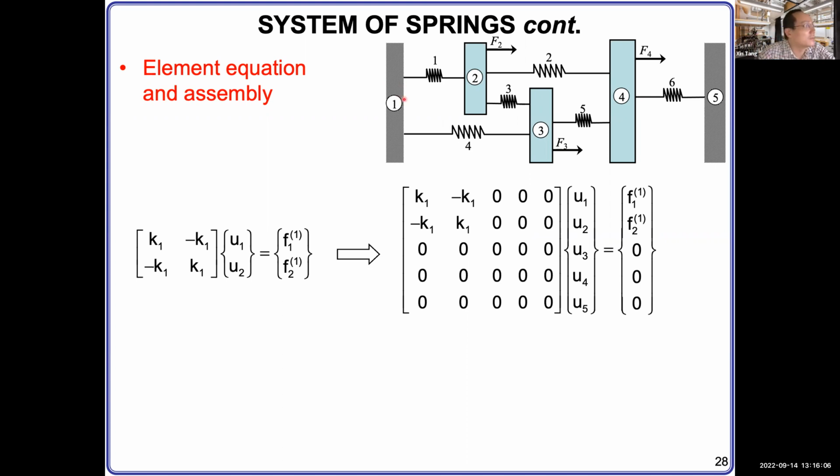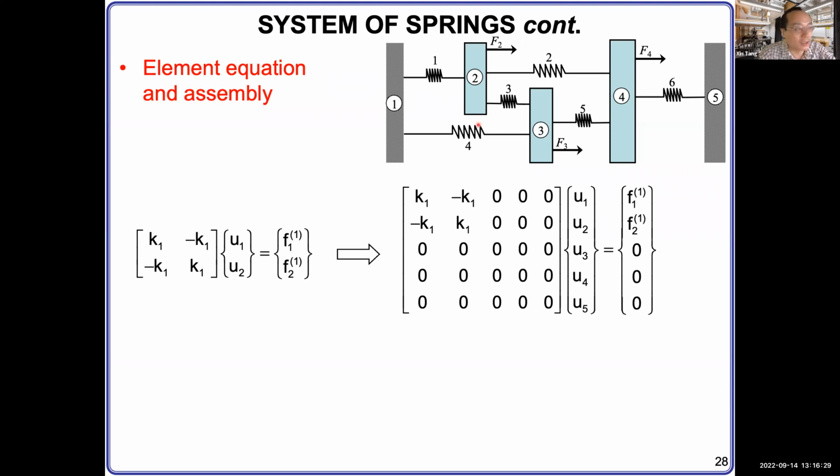So you have five displacements. Then the equation you will generate here will be a 5 by 5 matrix, a 5 by 1 displacement vector, and a 5 by 1 force vector. So you will generate this format.